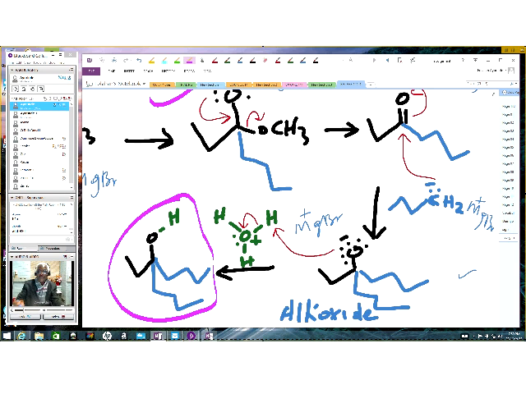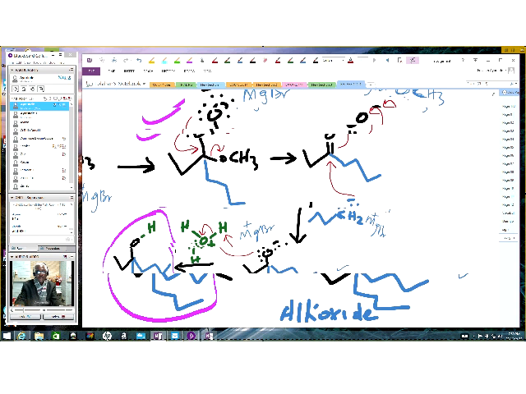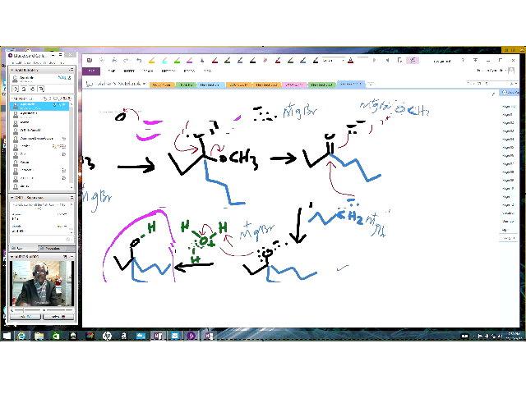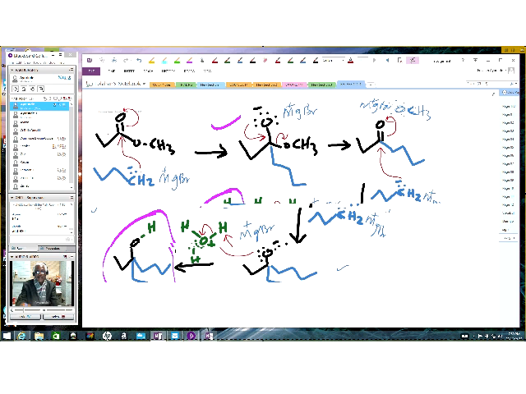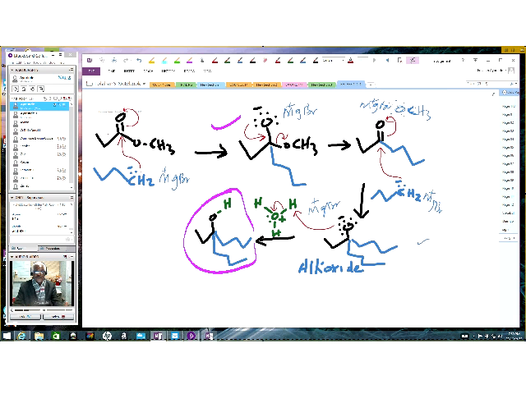Let me reduce this so that you see the full reaction mechanism. Okay, what do we have? Let us recap what we've done. We started with an ester.